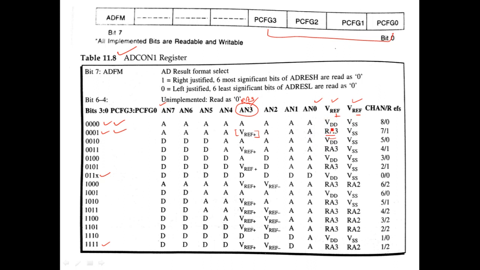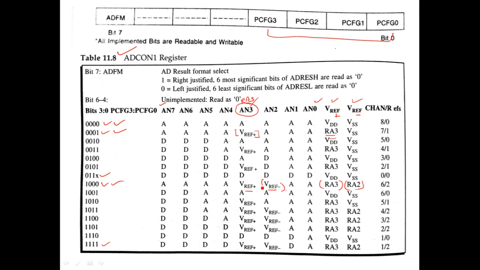Here both the V references are adjustable, V reference plus as well as V reference minus. You are supposed to provide the V reference plus voltage at pin RA3, and the V reference minus voltage should be provided to RA2.